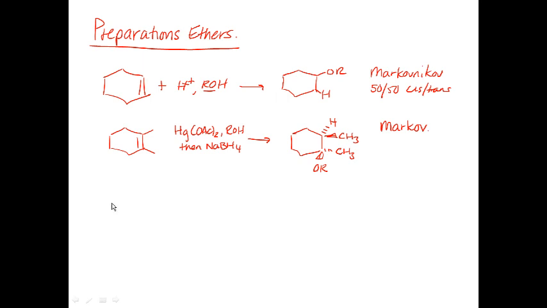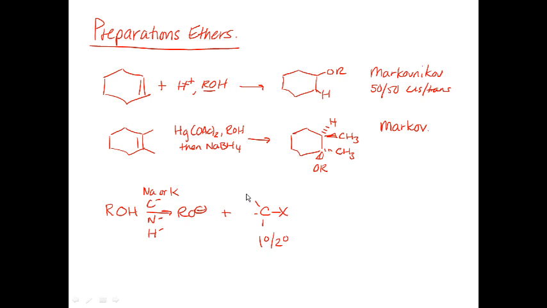And then we talked about in the last lecture converting an alcohol to an alkoxide by using either sodium or potassium metal, a C minus, an N minus, or an H minus base. And once we have that alkoxide, we could go ahead and react it with either a primary or a secondary halide.